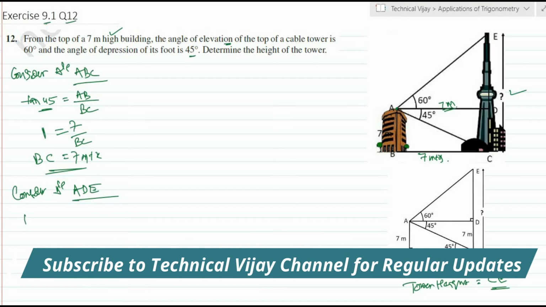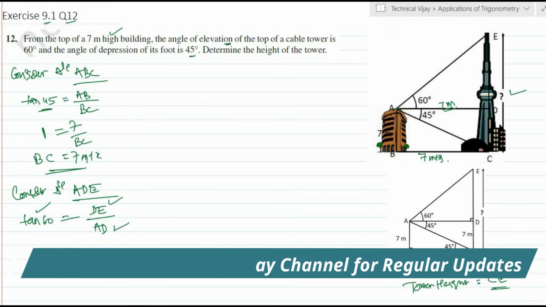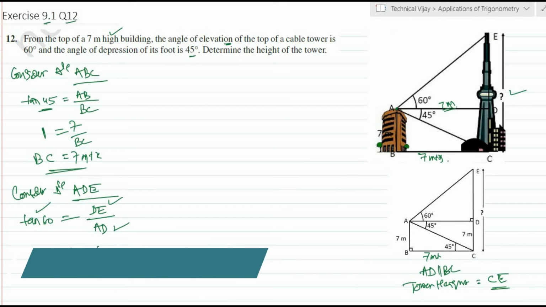Tan of 60 is equal to opposite divided by adjacent. Opposite means DE divided by adjacent means AD. AD we know, tan 60 we know, so we can calculate DE. DE is equal to AD into tan 60.